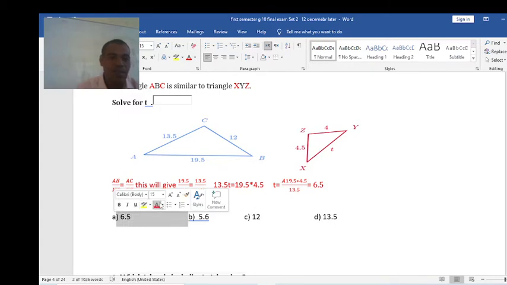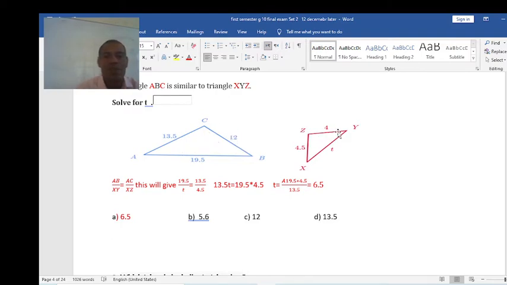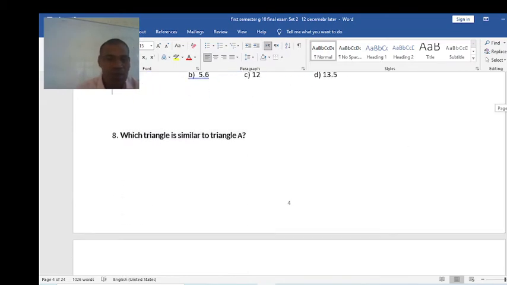This is the correct answer. Clear? For the second method, you can also find the ratio: 12 divided by 4 is 3. So 19.5 divided by 3 is 6.5. The easiest method.